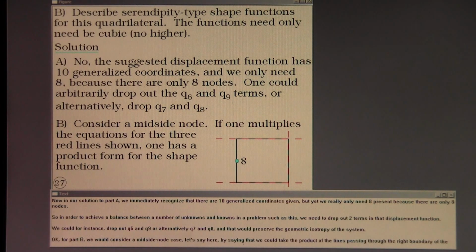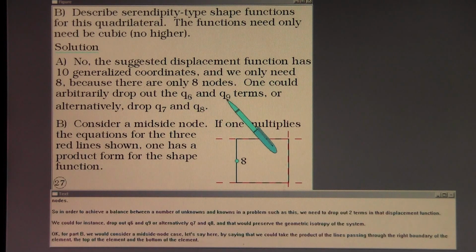So in order to achieve the balance between the number of unknowns and knowns in a problem such as this, we need to drop out 2 terms in that displacement function. We could, for instance, drop out Q6 and Q9, or alternatively Q7 and Q8, and that would preserve the geometric isotropy of the system.